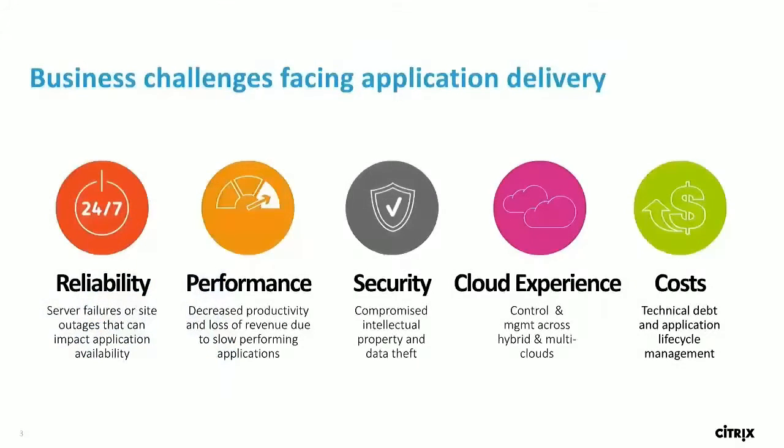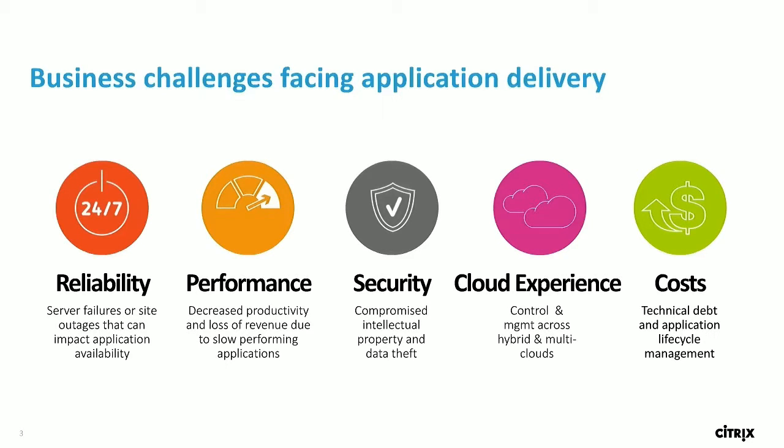So with this new world of cloud, there are some challenges facing application delivery. Some of them are new, some of them have existed for a while and continue as businesses deploy applications to the cloud. Reliability is certainly one critical challenge, making sure that the applications are up and available 24/7. The other is around performance. Slow performing applications tend to decrease the employee productivity, and that is certainly always a challenge.